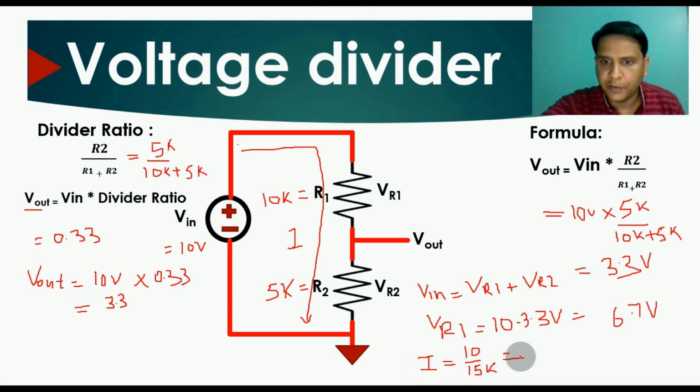If you calculate this, your current is 0.66 milliampere.